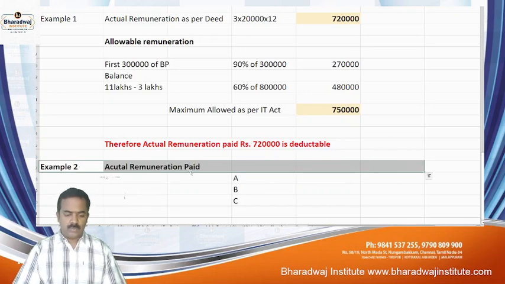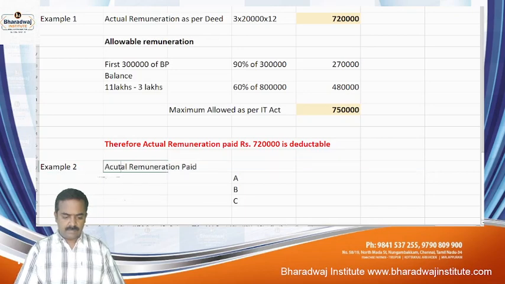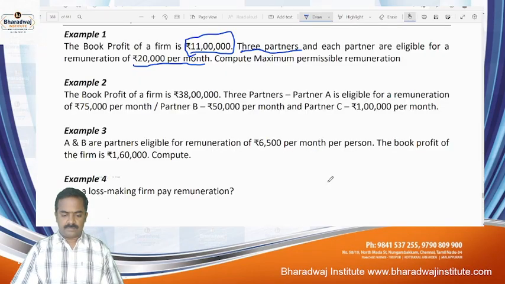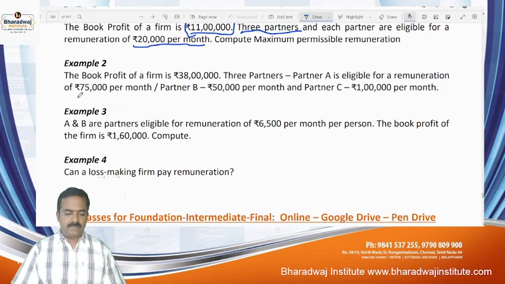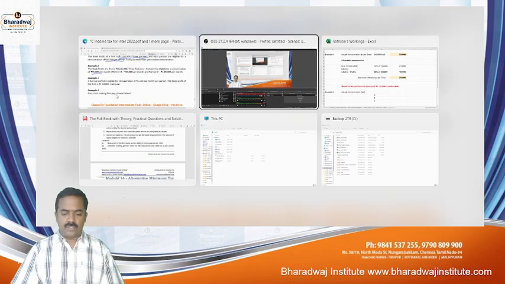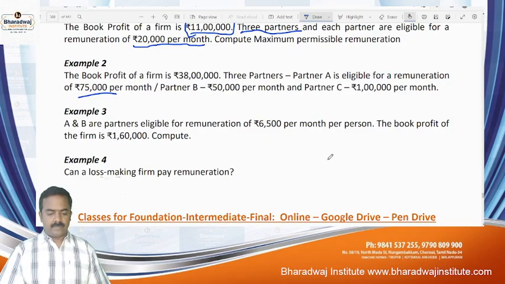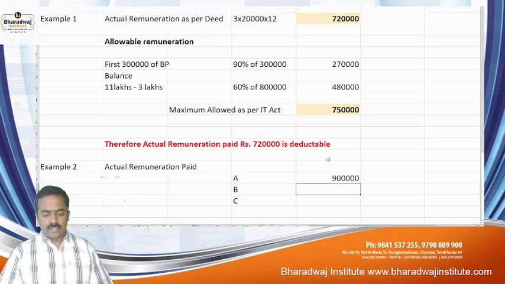In example 2, what is the actual remuneration paid? For partner A, how much is paid? 75,000 into 12. You can do it along with me, no need to wait. For B, 50,000 into 12, 6 lakhs.